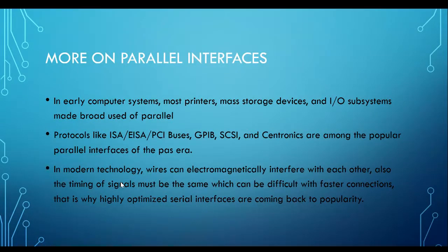Parallel interface, you come up with different things like the PCI bus. PCI bus, I think you can still find it in certain laptops, but it's slowly dying off. So check it out. These are all stuff in your PC that you may not know about. That's a parallel interface.